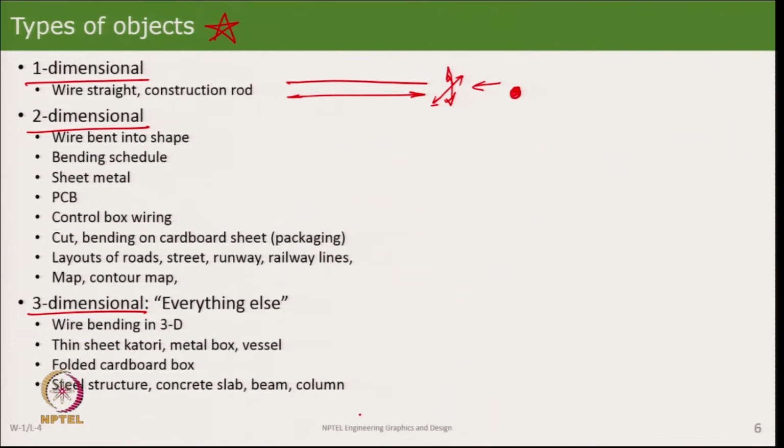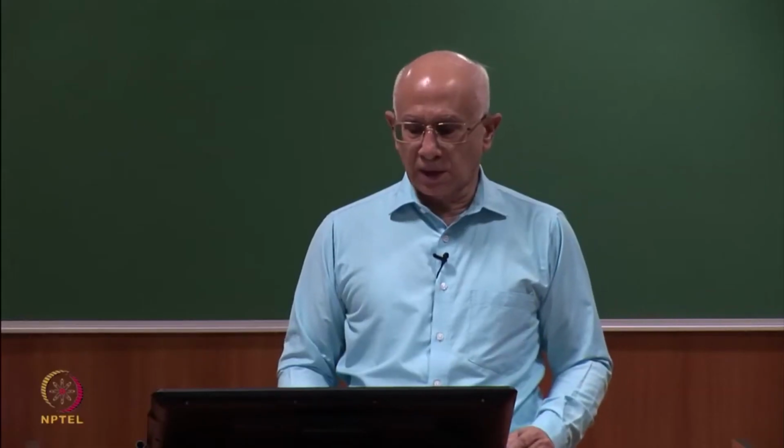In the case of a wire, the cross section is typically circular. That is a very simple set of objects, one dimensional, in which case the making of the drawing is also much easier, as we shall see later on.